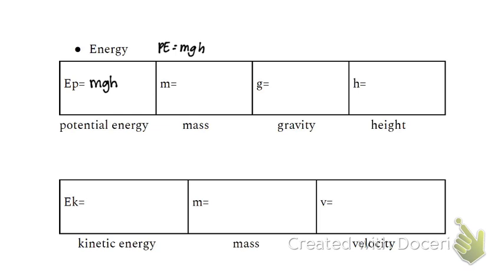What else is with mass? Height, so I'm going to divide away the height. What else is with mass? Gravity. So divide by both of those, G and H. So your potential energy divided by height and gravity gets you mass.